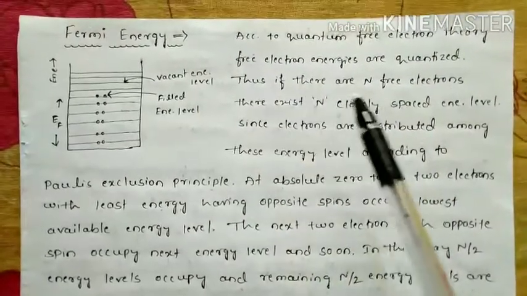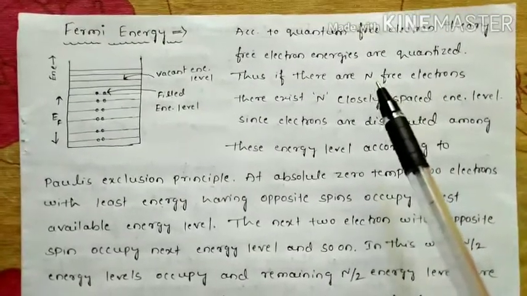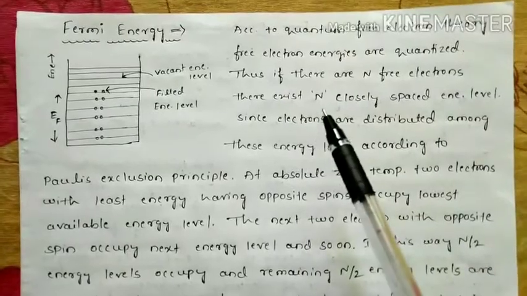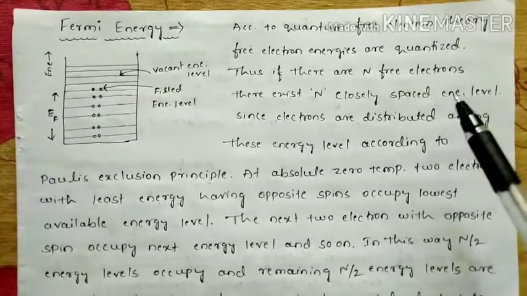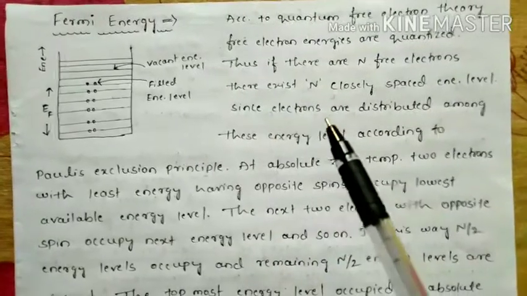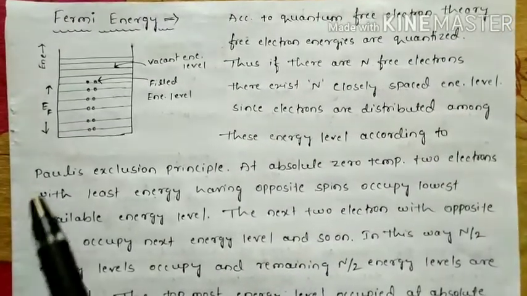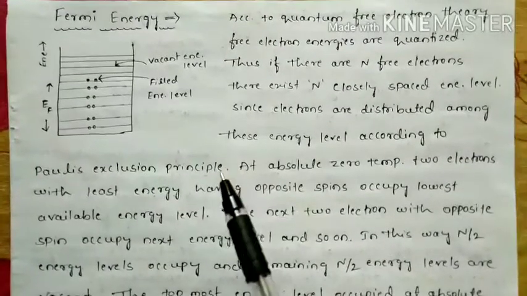Thus, if there are n number of free electrons, there exist n closely spaced energy levels. Electrons are distributed among these energy levels according to Pauli's exclusion principle.